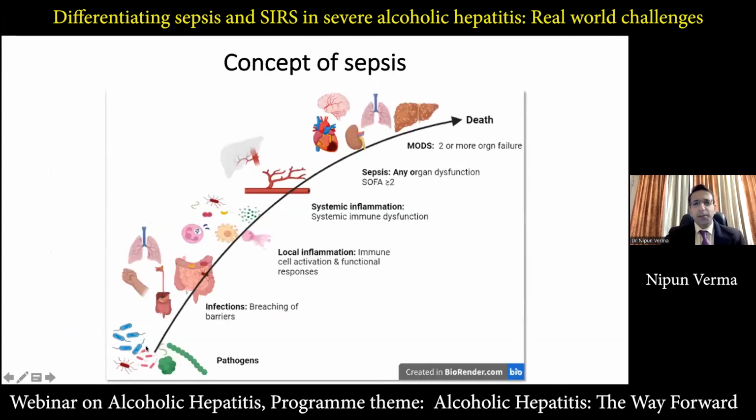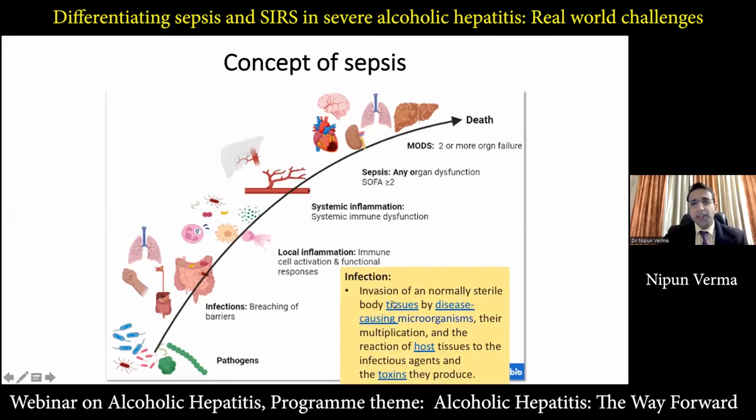As a concept, sepsis lays its foundation with the breach of barriers, where pathogens breach the barrier and reach the systemic circulation and the local site, where it leads to local inflammation. This is defined as invasion of normally sterile body tissues by disease-causing microorganisms, their multiplication, and the reaction of host tissues to the infectious agents and the toxins they produce.